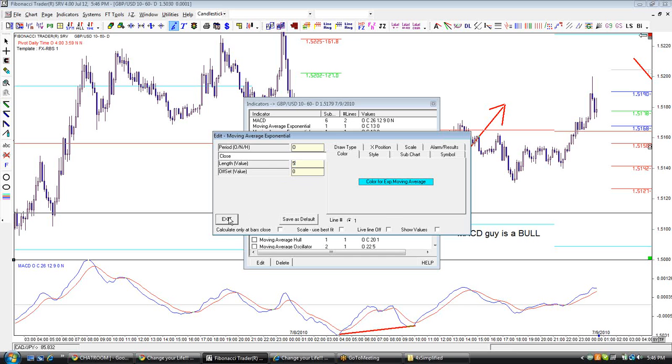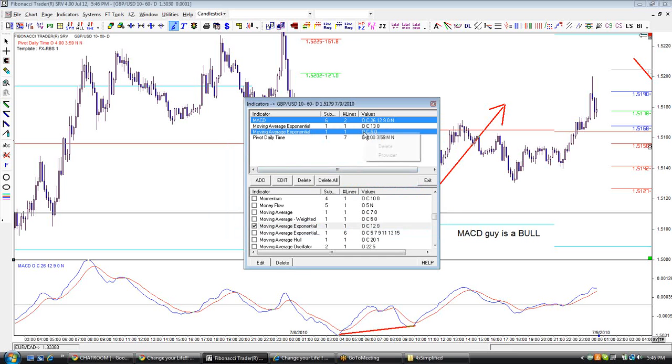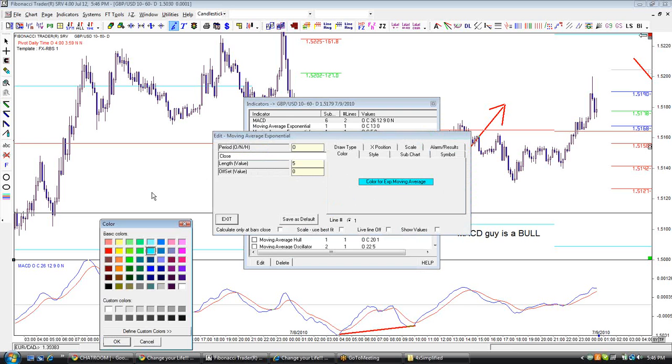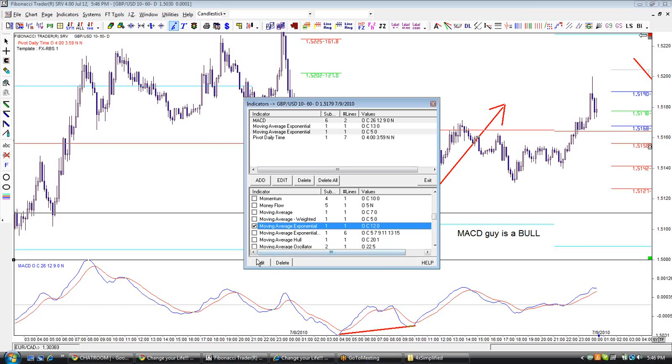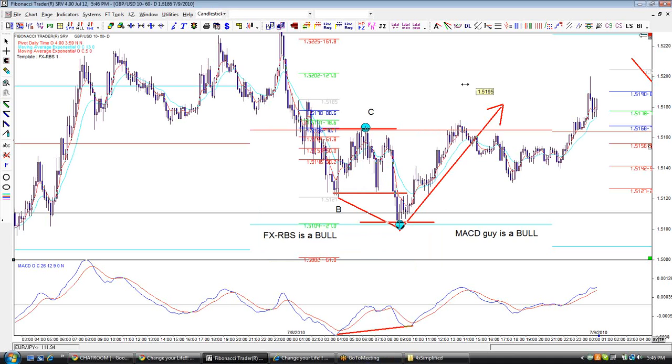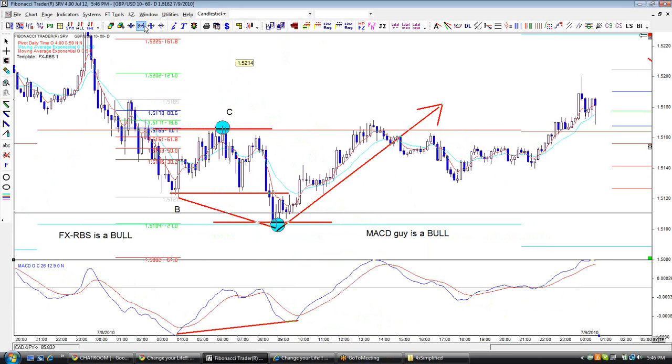I'll just experiment. Okay, this one will be red, so we can make the difference. See, where's the cross? Here. Well, those guys probably will be buying too.